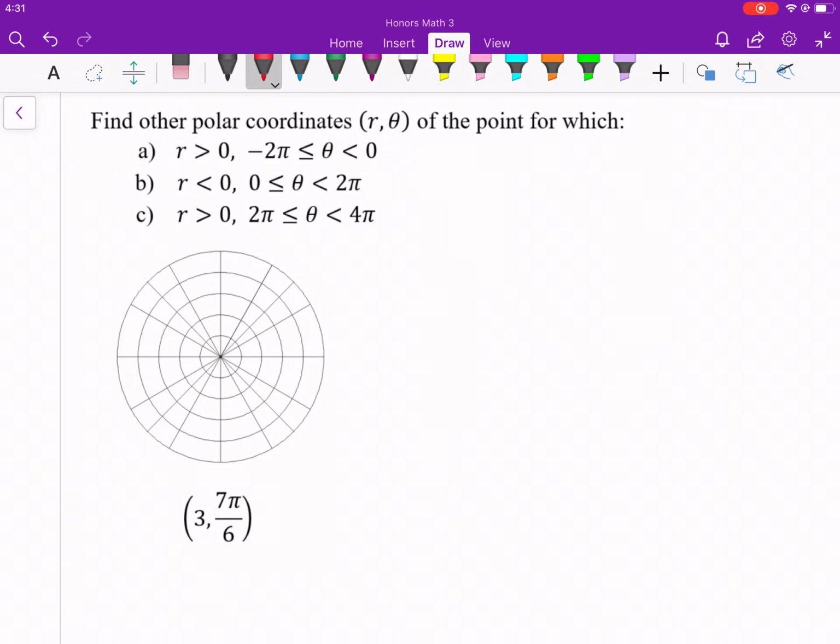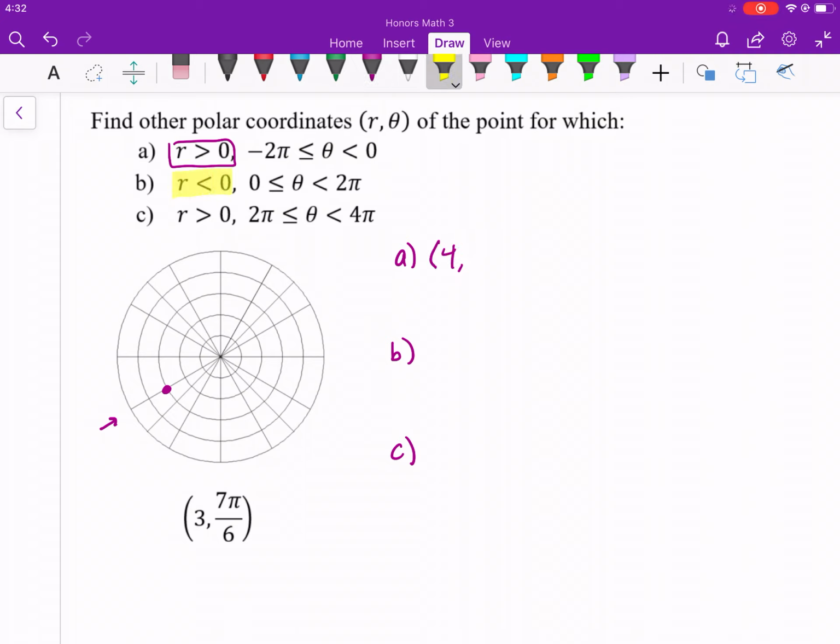Let's do one more of those. Let's go ahead and do (3, 7 pi over 6). This one's easy, we just have to go to 7 pi over 6, which is right here. We're going to go out 3. Let's go ahead with A, B, and C. For A, we know r is greater than 0, so it's positive.